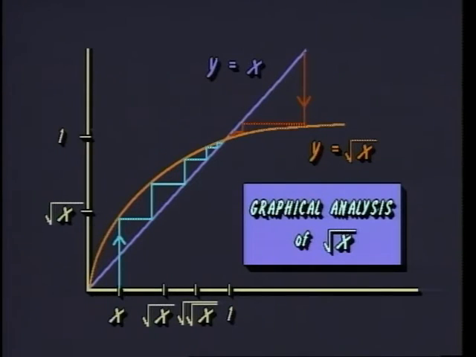No matter what number you start with, if we start out here with an x larger than 1 and go to the graph and over, go to the graph and over, go to the graph and over, inevitably we're led to the number 1. That is, orbits of the square root function always tend to 1, a process that we saw with the iterator a moment ago.